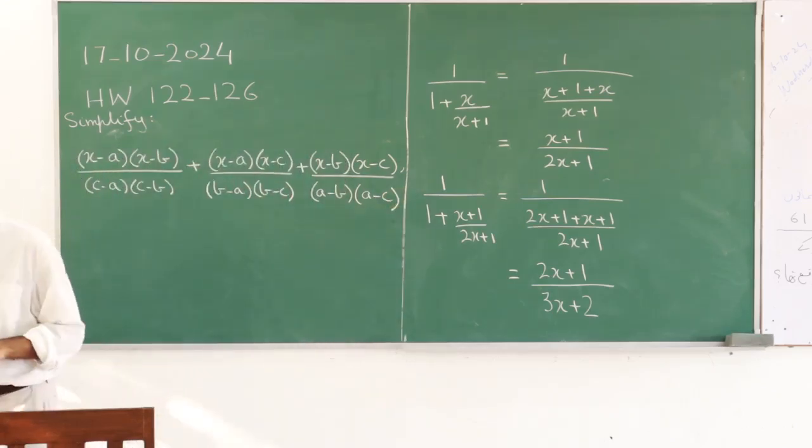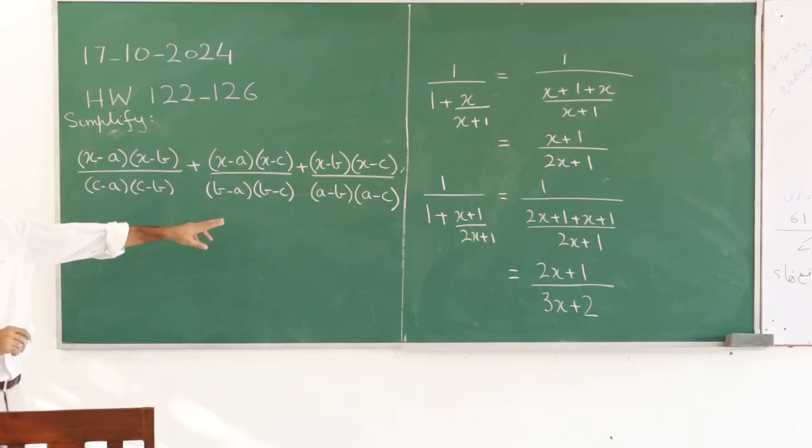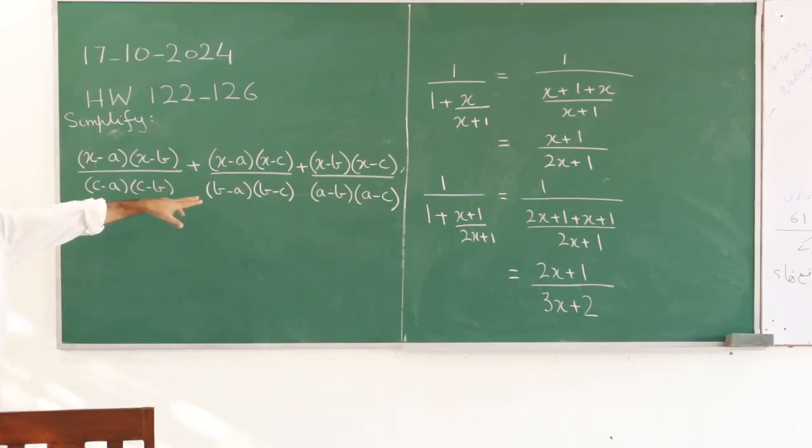Let's see whether I have it right. (a minus b)(a minus c), (x minus b)(x minus a), (x minus c)(x minus a), (b minus a)(b minus c). I think, let me just look for one second. (x minus b)(x minus c). Okay, all good.